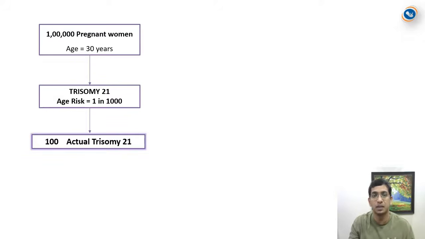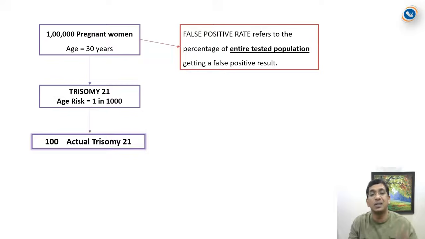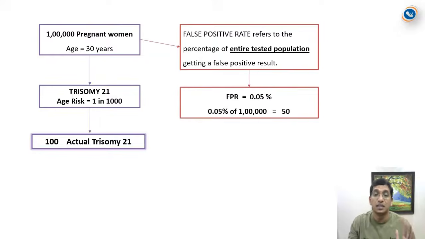Now forget about the sensitivity, I'm not going to talk about it. Let us see what happens to the false positive rate. As I said, the false positive rate refers to the percentage of the entire tested population who gets a false positive result. In this case the false positive rate is just 0.05%, but 0.05% of 1 lakh is 50.